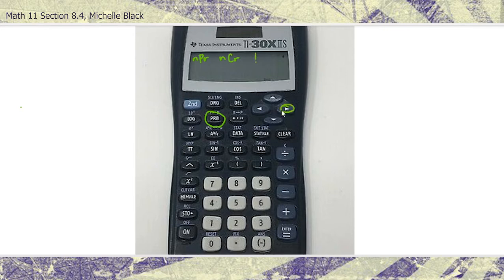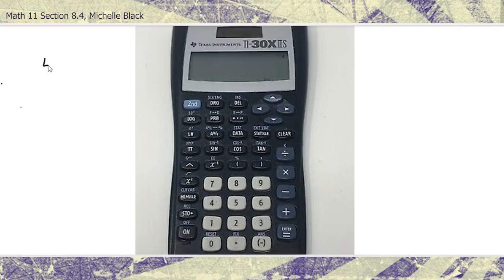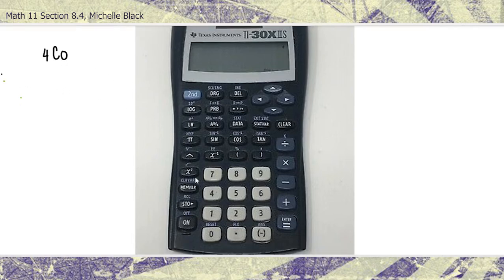And then you can just scroll over using your arrow key to the one that you want, and then you can hit enter. So if you were actually typing in a problem, well, the one we're going to do, which is 4 choose 0. What you do is you would click 4, then you would click probability, and those options would come up.